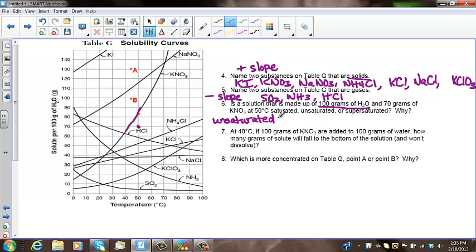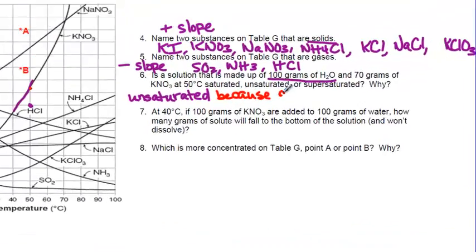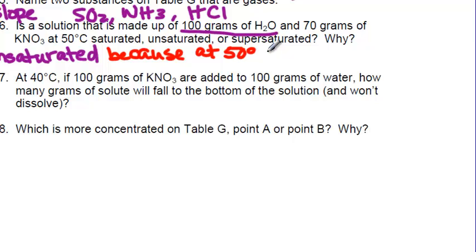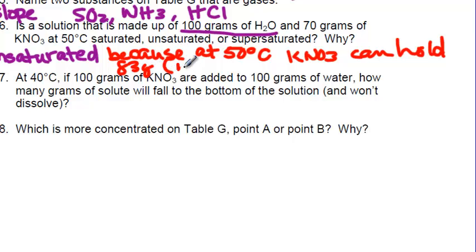So you could say it's unsaturated because at 50 degrees Celsius, KNO3 can hold 83 grams, or maximum solute, in 100 grams of water.